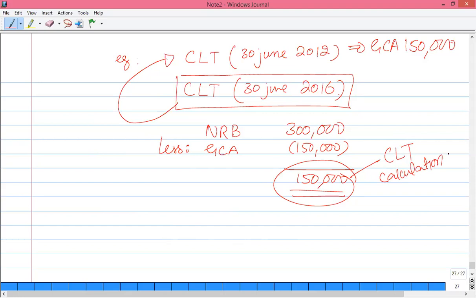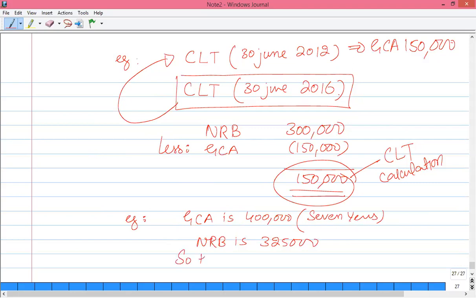So whenever we calculate tax on a CLT, we look back 7 years from the date of transfer and check whether there is any CLT. If there is, identify the gross chargeable amount of the last 7 years. If there is more than one gift, add up all the gross chargeable amounts. For example, looking back 7 years, the gross chargeable amount is 400,000 and the NRB is 325,000.